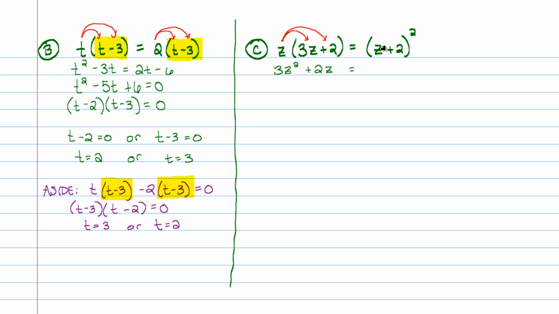equals, and on the right hand side I want you to always write this out as z plus 2 times z plus 2. Students often, this is a cardinal sin, students often do this really stupid mistake where they say, oh, if I have a z plus 2 squared, that'll equal z squared plus 4.